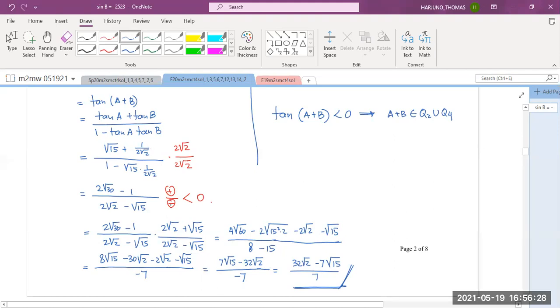This should be plus here. Now let me check my computation. I feel something is not really right. Sorry, that should be plus. So this should be plus. This should be positive 28.